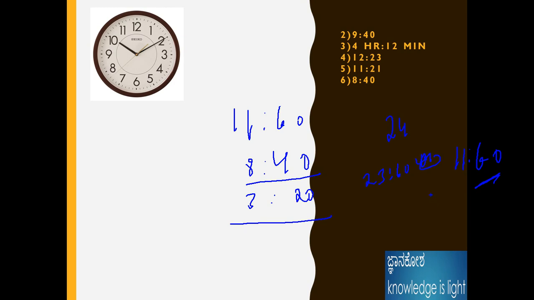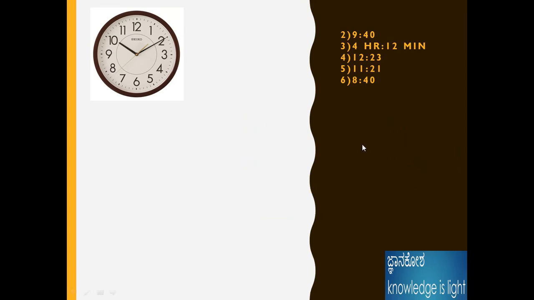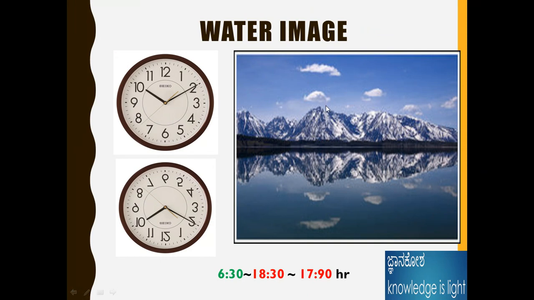Okay, next problem. I will take it as mirror water image. Why is it taken as water image as 630? See, whenever the mirror image is coming, the hour and minute hands should always coincide here only. That's why take 630 as the constant time for that one.